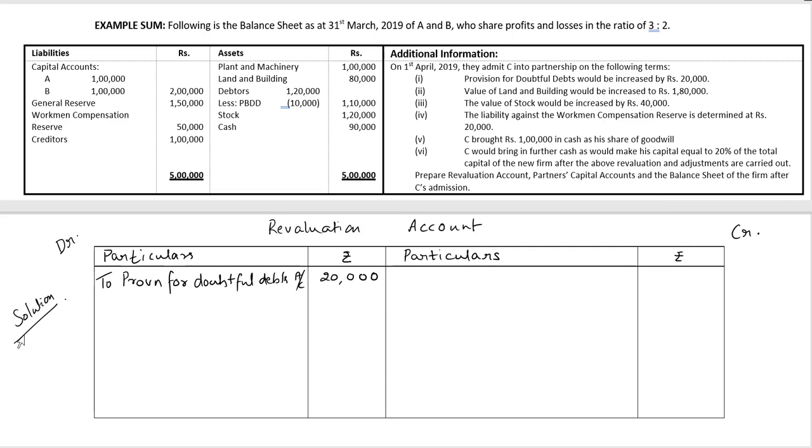Second point, value of land and building would be increased to rupees 1,80,000. Book value of land and building is right now rupees 80,000. We need to increase it by rupees 1 lakh. So by land and building account, 1 lakh rupees.